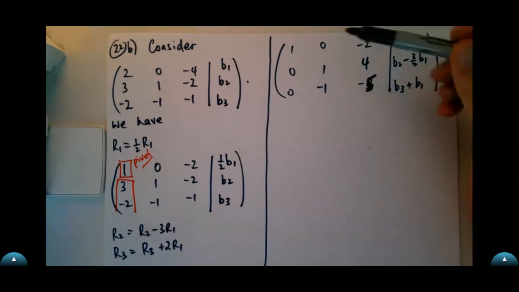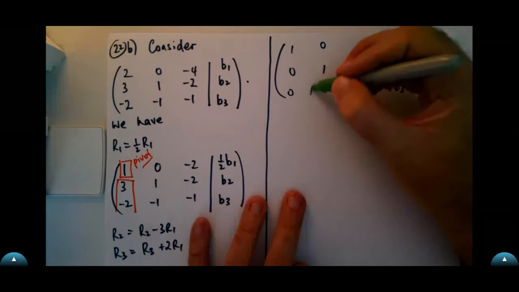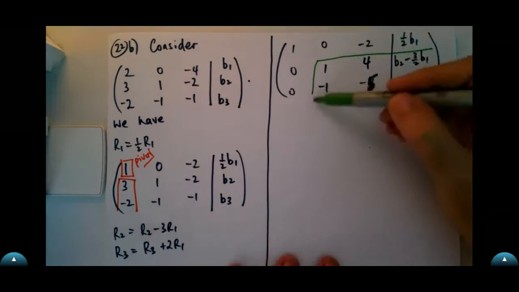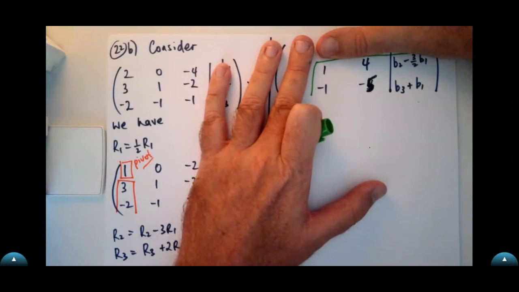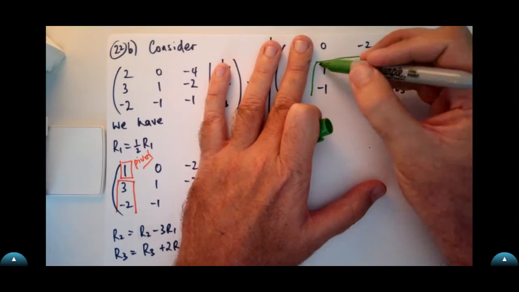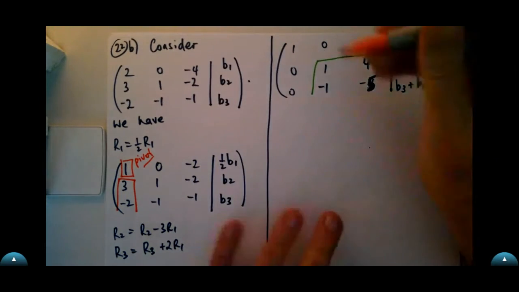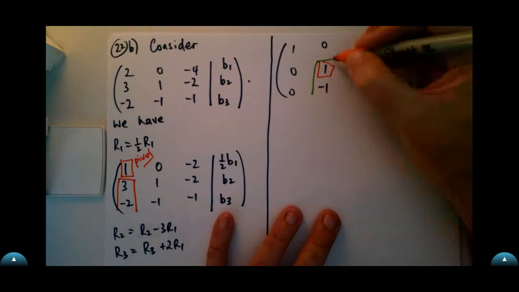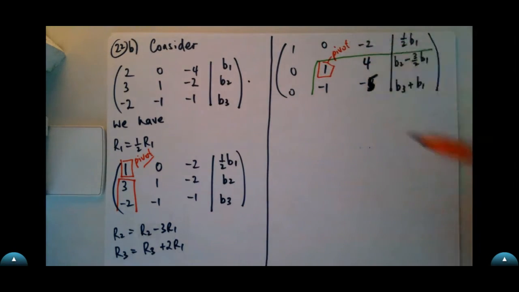Okay, so hopefully now what you can see is, I'm now going to work on this. So forget about that. This is my new augmented matrix, and I'm going to row reduce that. So I go up here and I say, oh, that's going to be my pivot point. This is going to be my pivot, and it's already equal to 1. So that's good.